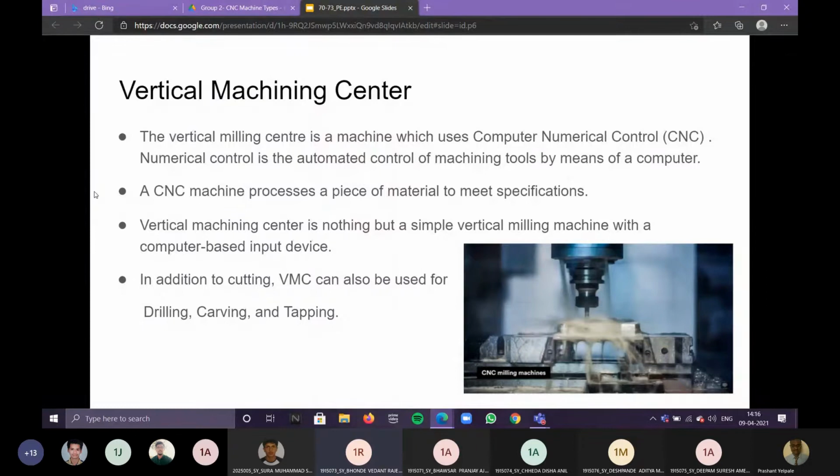A CNC machine processes a piece of material to meet specifications by following coded programmed instructions and without a manual operator directly controlling the machine. Vertical machining center is nothing but a simple vertical machine with a computer-based input device. In addition to cutting, VMC can also be used for drilling, carving, and tapping.